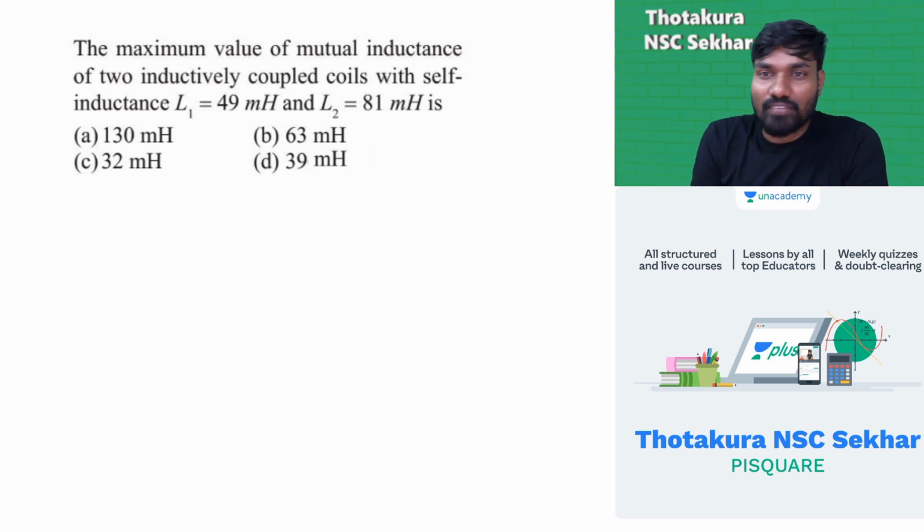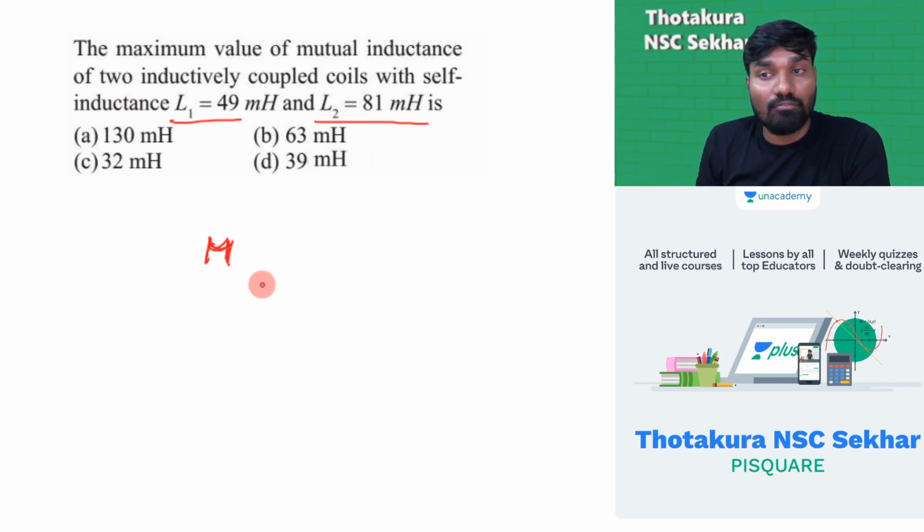The maximum value of mutual inductance of two inductively coupled coils with self-inductances L1 and L2. What is the maximum possible value of M?